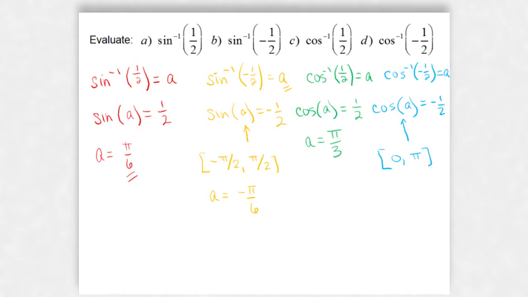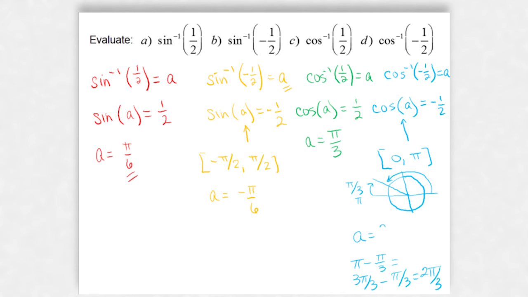So I think of my reference angle there in the second quadrant. And if my reference angle has to be pi over 3, the rotation out to it would be going from pi back pi over 3 units. With a common denominator, it would be 3 pi over 3 minus pi over 3. That would be 2 pi over 3. Very good.